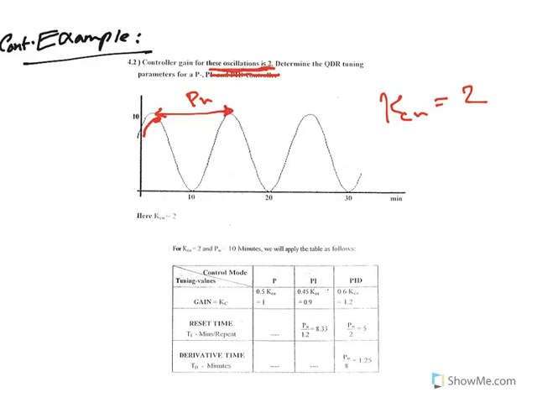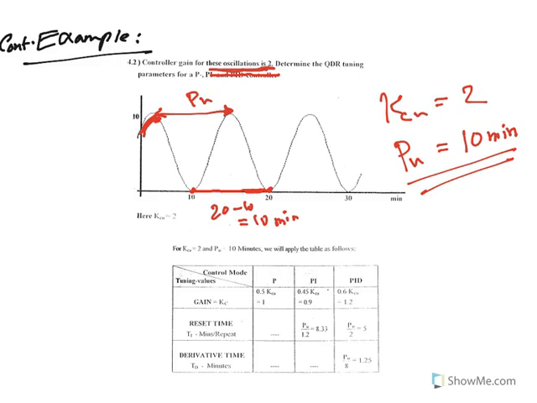As you see from this graph, this is a sustained oscillation, which is what we need, and we can find the ultimate gain and the ultimate period. Kcu equals 2, while from the graph, from this point to this point, we can calculate the time: 20 minus 10 equals 10 minutes. So Pu, the ultimate period, equals 10 minutes.